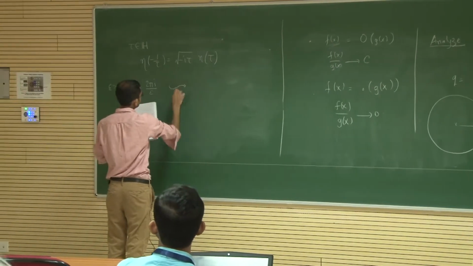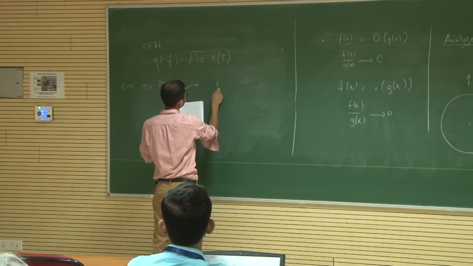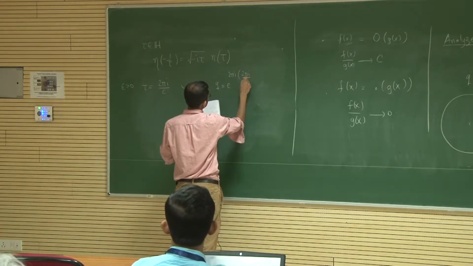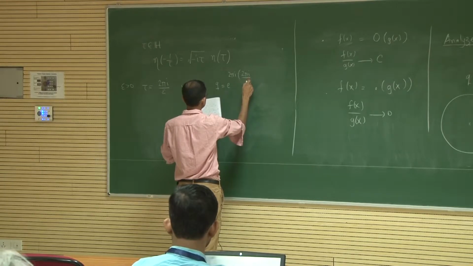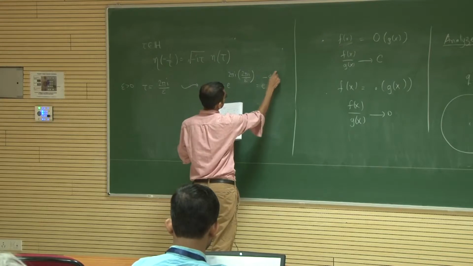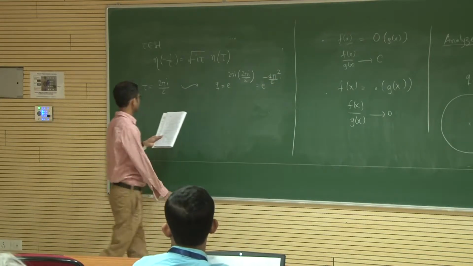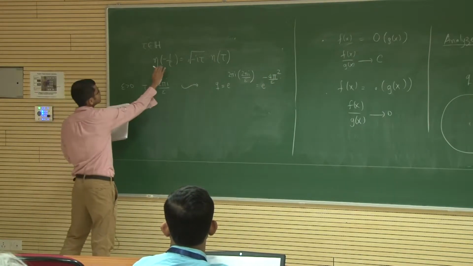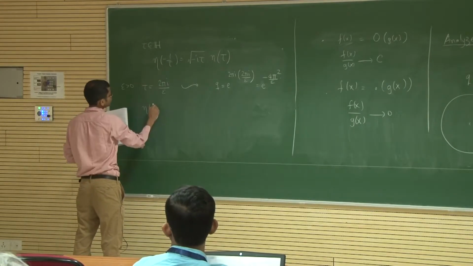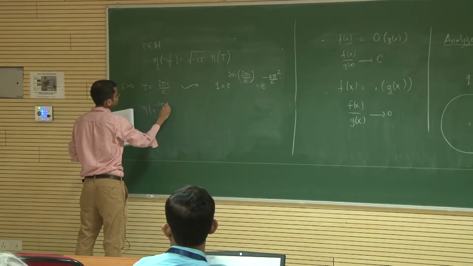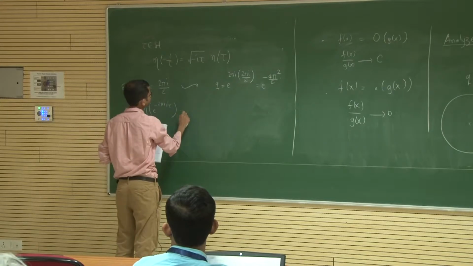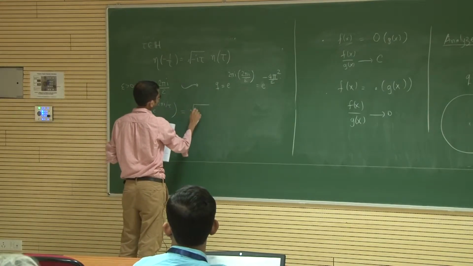So really I should move to the q world. When I write this in terms of q's, what do I get? Eta of e to the minus 2 pi i over tau. So this is written in terms of tau. Now let us write it in terms of exponentials.